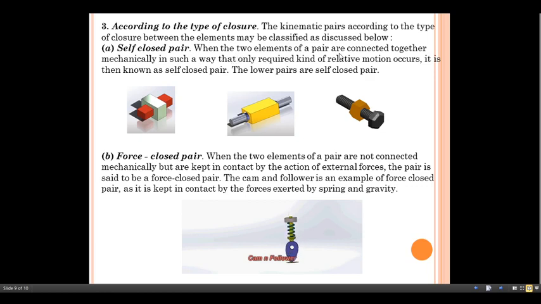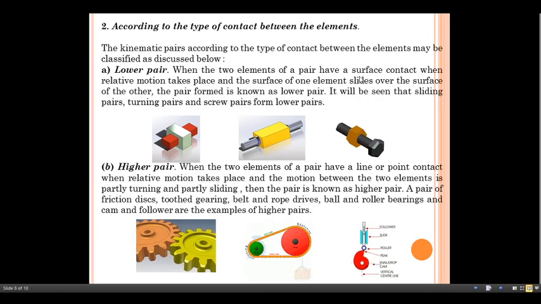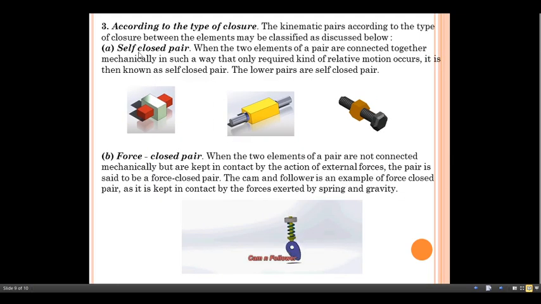When the two elements of a pair are connected together mechanically in such a way that only the required kind of relative motion occurs, it is then known as a self-closed pair. The lower pairs are the self-closed pairs. Whatever we have seen earlier about the lower pair comes under the self-closed pair.